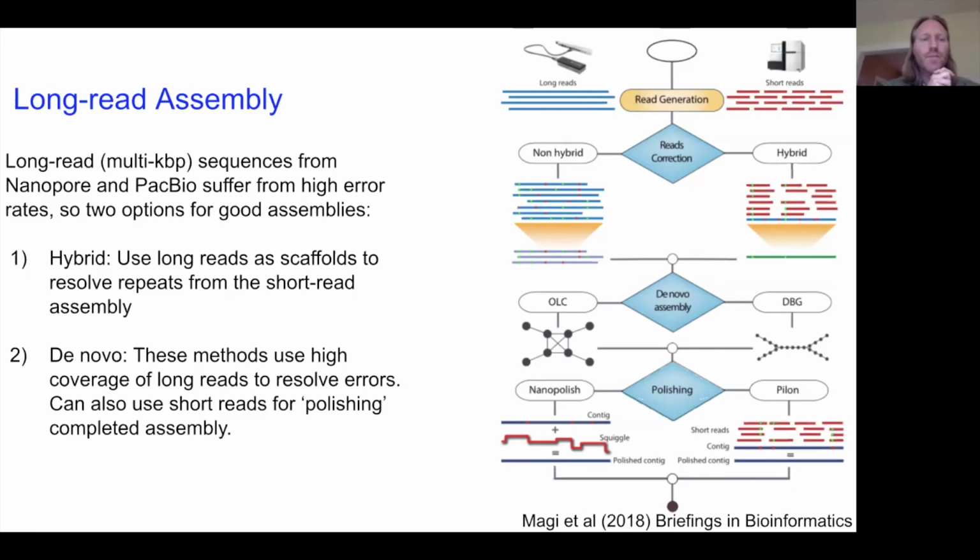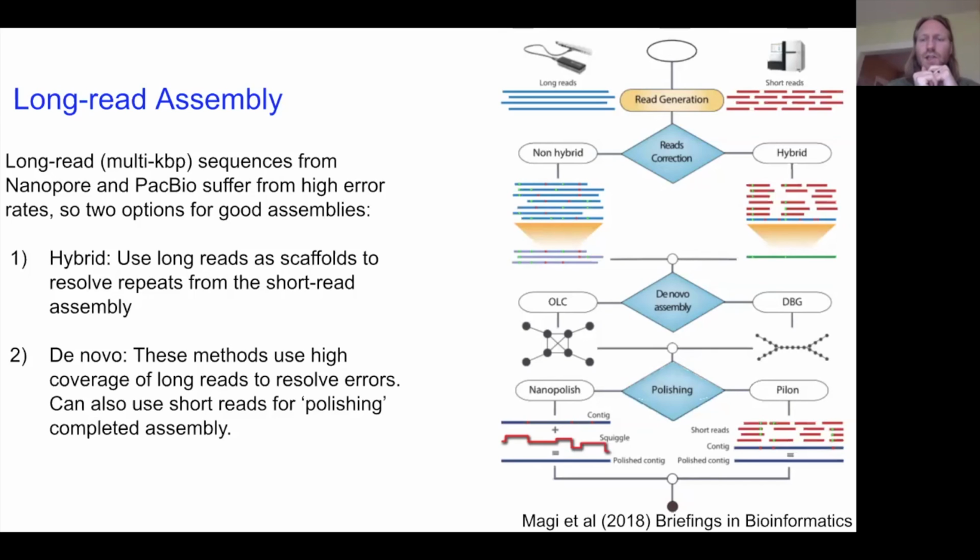That's pretty good. And then you can use long reads to scaffold those short read contigs such that you can span any repeats that were unfixable by the de Bruijn graph assembler.